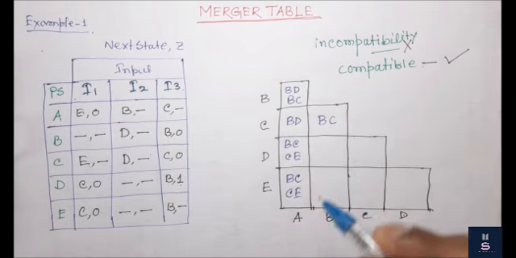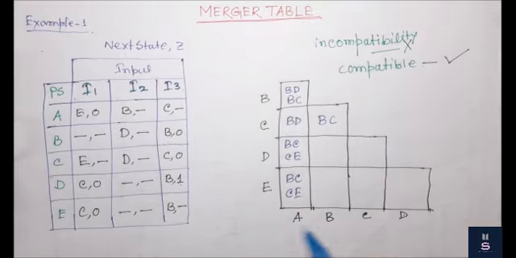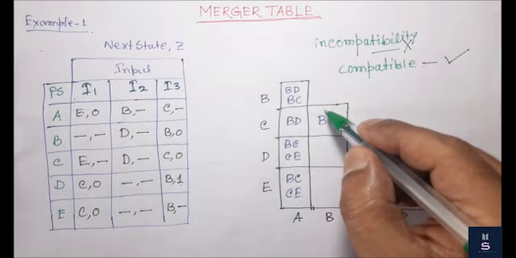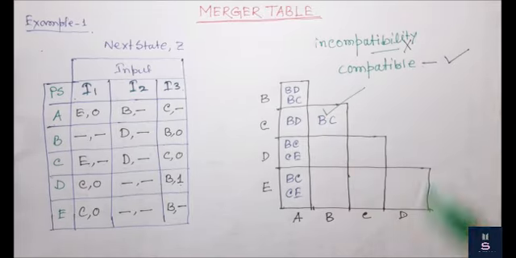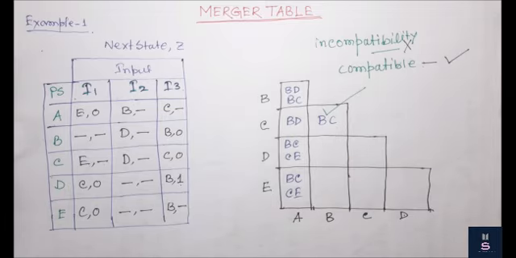Here BC implies BC, so that means it is an uninterrupted arc, and we can put a right sign here. We do not need to write BC because BC implies BC.